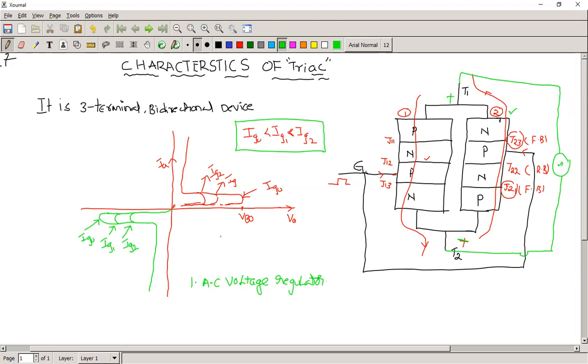Suppose during the negative cycle, T1 becomes negative, whereas T2 becomes positive. Now in this case, the second device is forward biased.